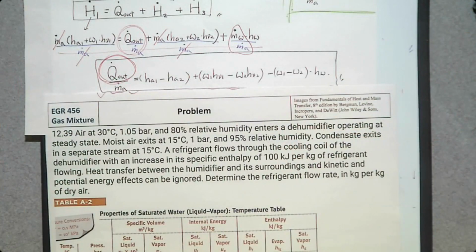the specific enthalpy of water vapor? We can assume that the specific enthalpy of water vapor is close to the specific enthalpy of saturated vapor. We can do that when the humidity ratio is high. When the relative humidity is high, then we can assume that this one is close to the specific enthalpy of saturated vapor.